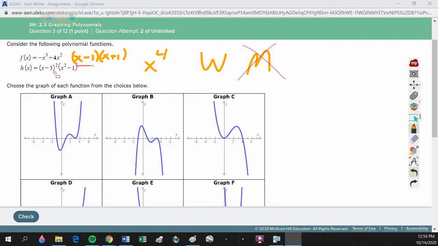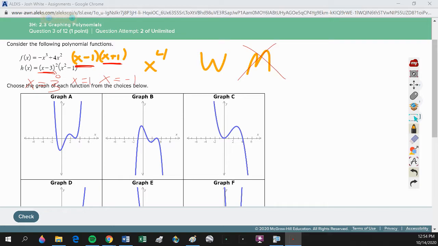So what is the root for that? X equals 1. What is the root for this? X equals negative 1. And what is the root for this? X equals 3.